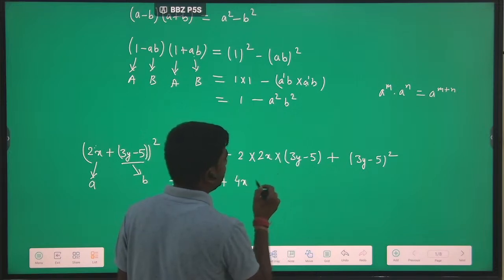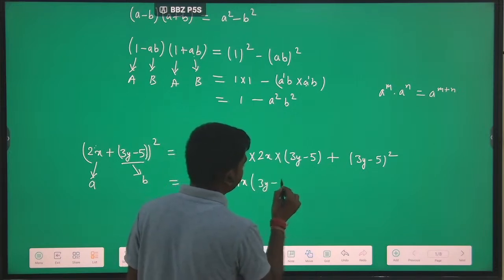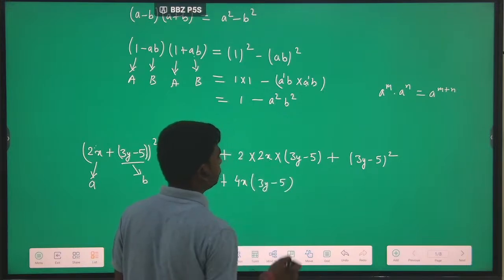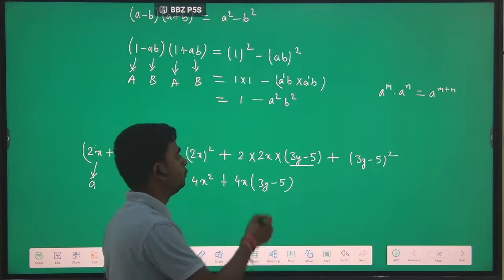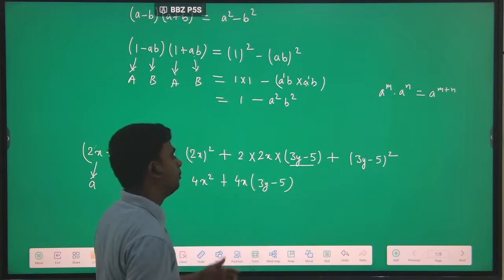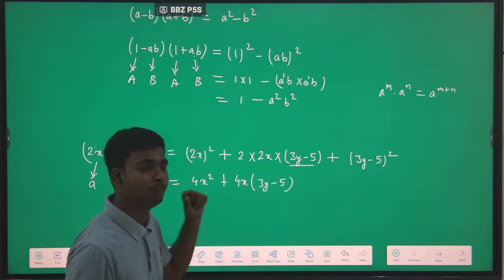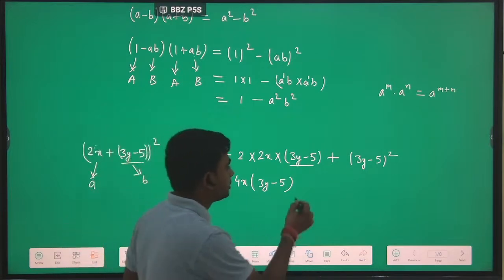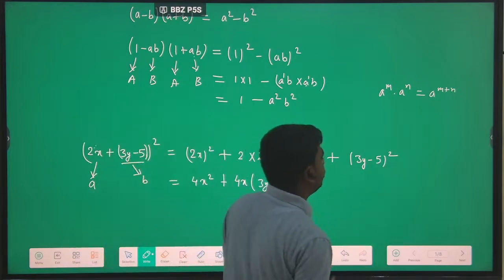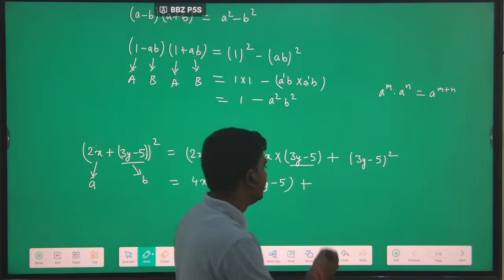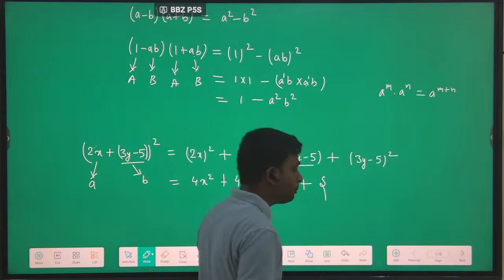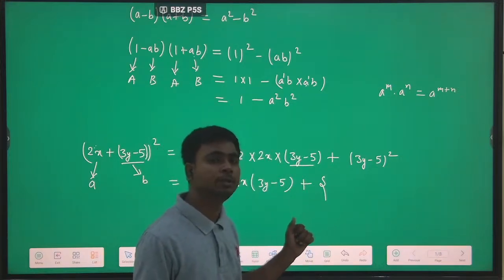4x will be multiplied with 3y minus 5. This 2 into 2 is 4 into x. Since it is a bigger term, a binomial term, we have to make it in the form of a monomial multiplied with a binomial. Plus 3y minus 5 whole square. We know the a minus b whole square formula. What is it? A square plus b square minus 2ab.